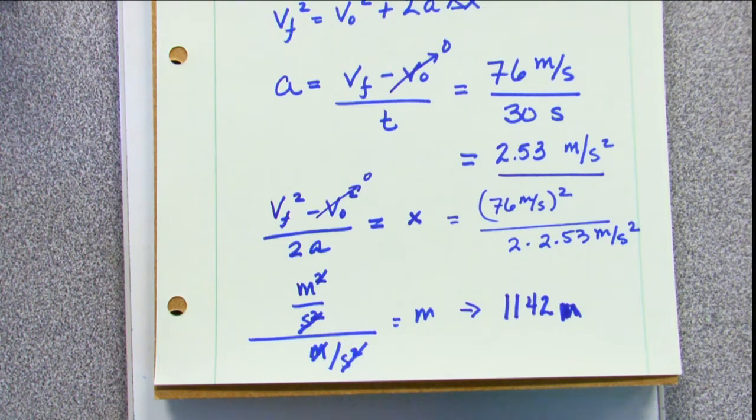By the way, the distance of your runway, not whether or not you actually have international flights, is what distinguishes a regional versus a national versus an international airport. Okay?